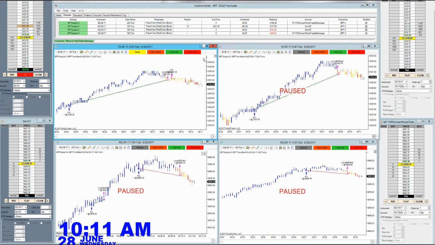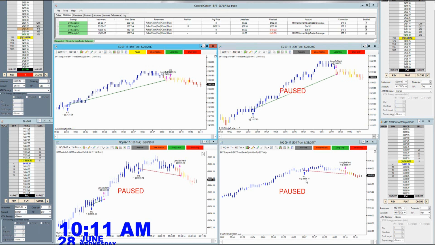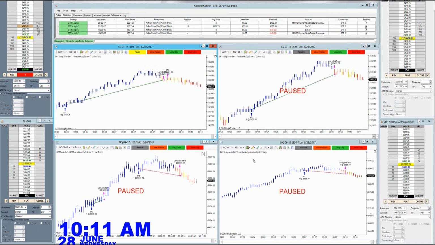We could have taken another trade, and this one was a beautiful trade, actually made another $160 on the way down as well. And I messed up 2 trades because I have the wrong charts in there.